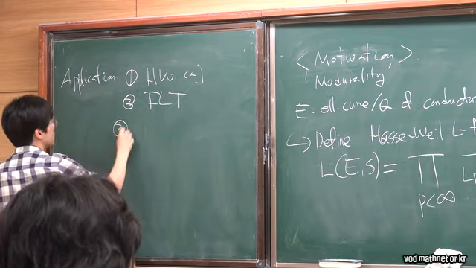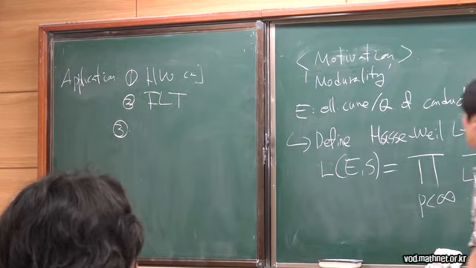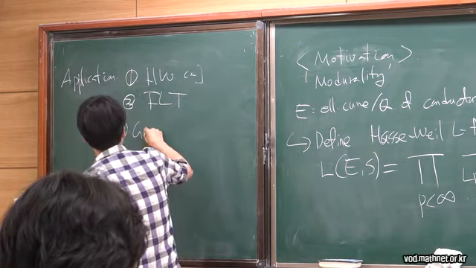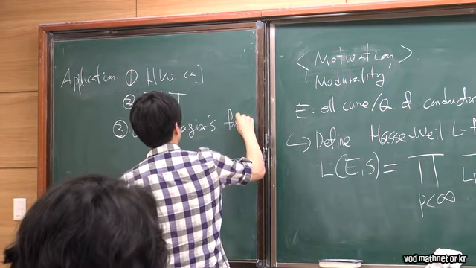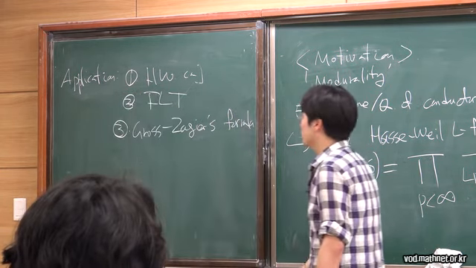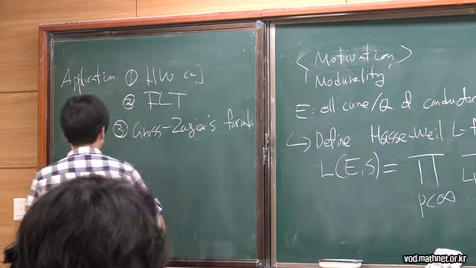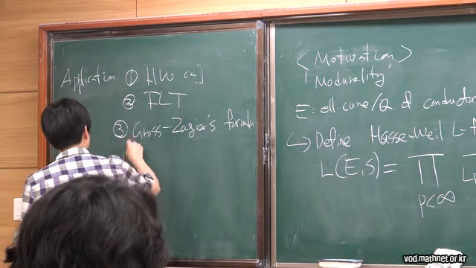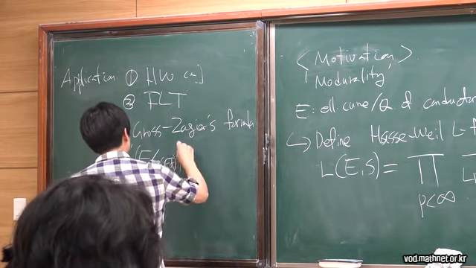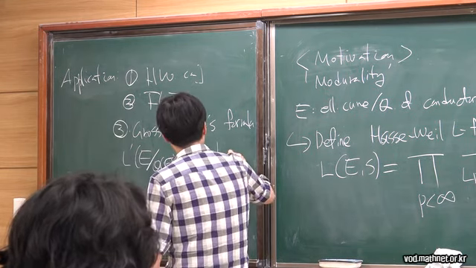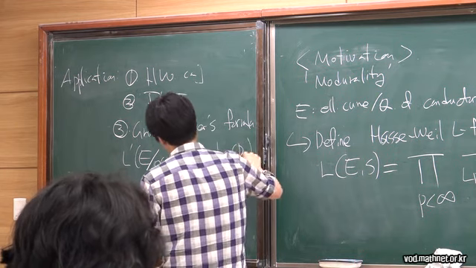And the third application is that under the assumption that the elliptic curve has this modularity property, Gross and Zagier found a very interesting formula, which is now called the Gross-Zagier formula. It means that L prime of E over Q(square root of negative D) at 1 equals the height of a Heegner point.